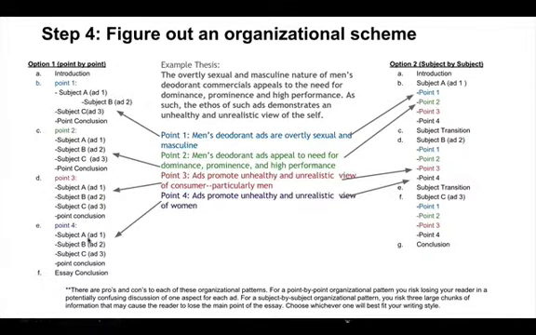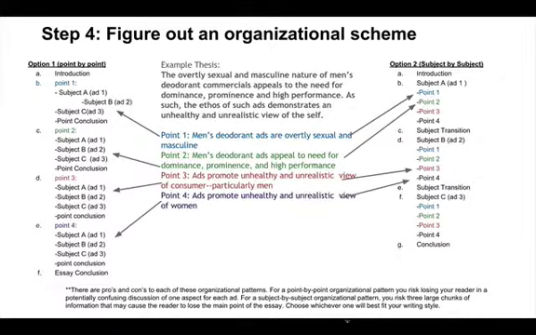Another option is the subject by subject organization, in which you organize by ad instead of point. So you would begin your advertisement about men's deodorant with either Axe, Arm & Hammer, or Old Spice, depending on what you choose and depending on how you order them. And that's one thing you need to make very sure of, is that you have good, strong transitions in between your points and your subjects, because you need to justify your logic.